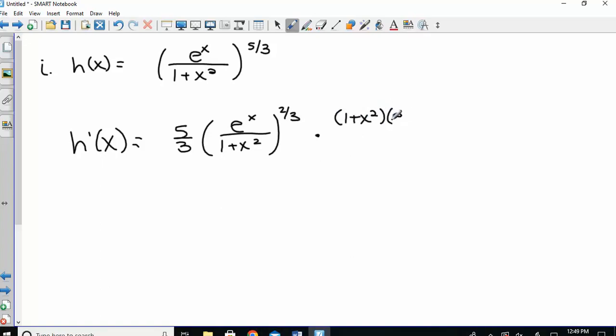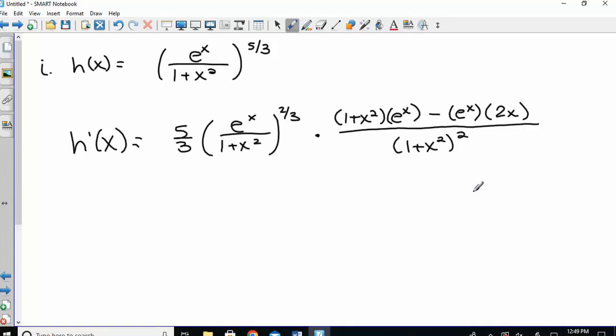So low, d high, derivative of e to the x is e to the x, minus high, d low, derivative of 1 plus x squared is 2x, over low, squared.